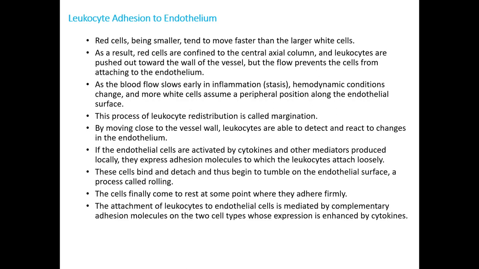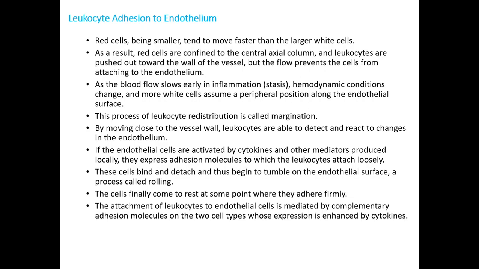So the lighter red cells move in the center of the blood vessel, while the bigger and heavier leukocytes also pass axially but peripherally, near the blood vessel wall. But the presence of endothelial cells prevents these leukocytes from adhering to the vessel wall. This is normal.